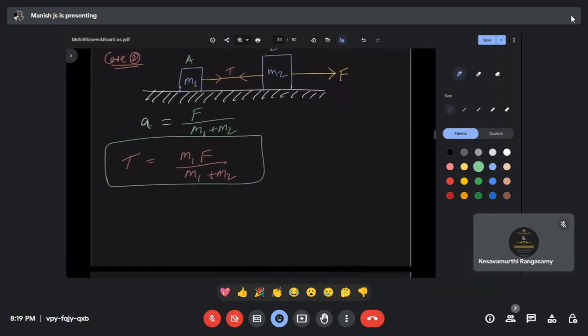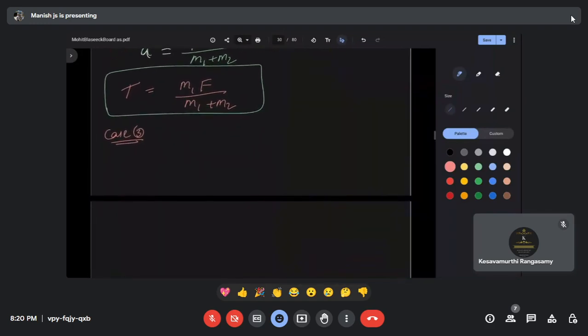Okay, next we have the third case, a different case. Case 3. Say we have a big string, and a block is connected to it. So let me call this motion of a block with a massive string.